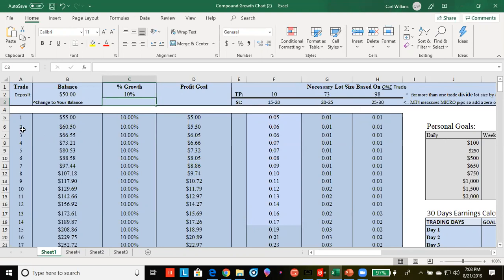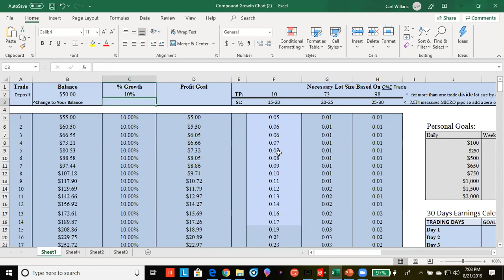That second trade right here, we're expecting it to grow $60.50. That's another 10% on that particular trade. Let's say it was a Euro JPY. Now you're looking for $5.50 off of that one. And as you can see, on down this listing, the lot size is continually changing. What I tell people is that lot sizes definitely matter when you're trading. So first, you want to know the basics.